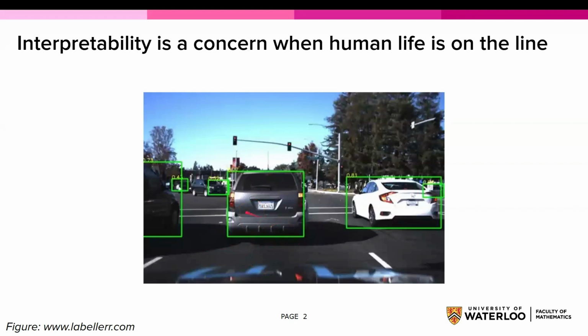In situations like this, a highly accurate but black box, opaque model might achieve great performance in ideal conditions, but it could struggle to generalize safely in rare critical situations. Maybe if a pedestrian suddenly crossed the road, what might it do in that situation?